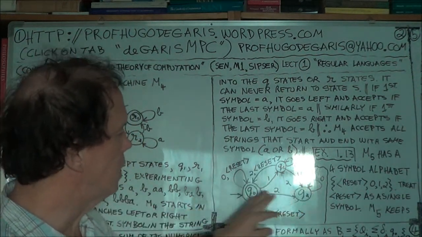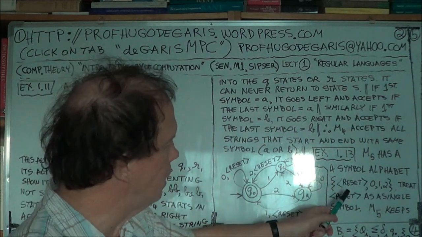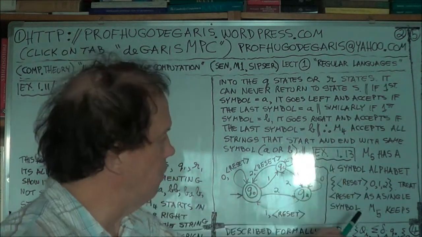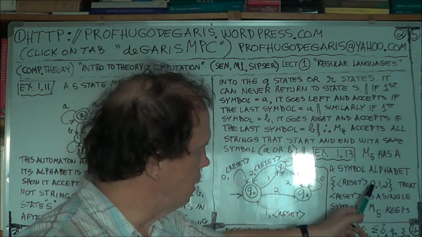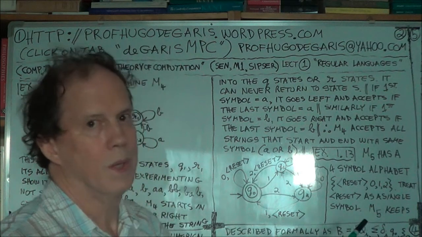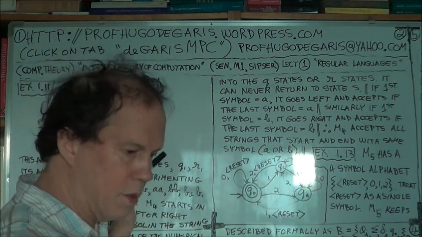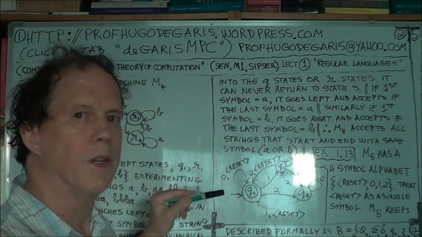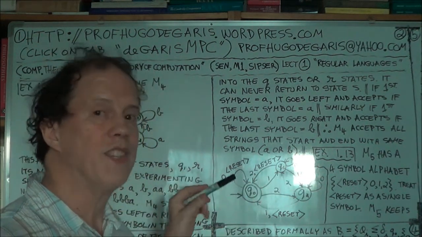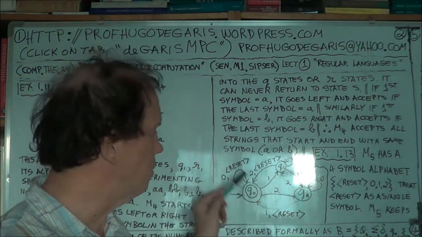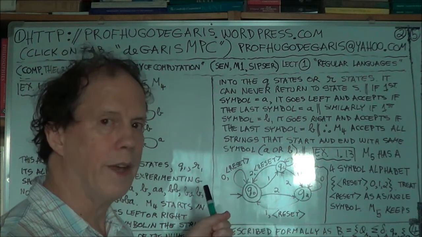But basically, what this thing is doing is looking at its alphabet, which is reset. I'll explain in a minute what that means. But the critical thing is these digits 0, 1, and 2. This automaton looks at these integers 0, 1, and 2 in the input string and just adds them up. So it's a kind of adder, but a special kind of adder.